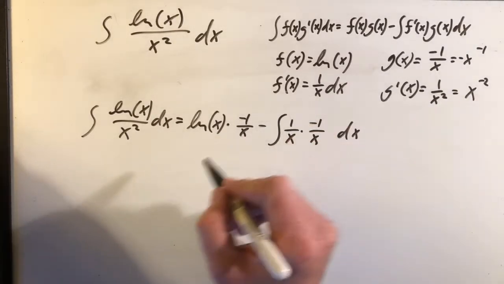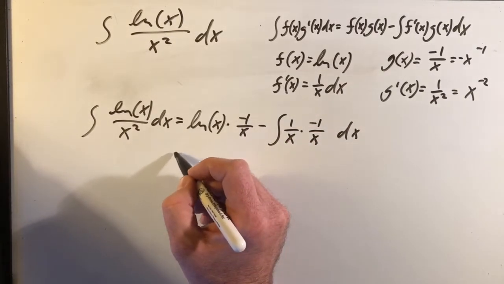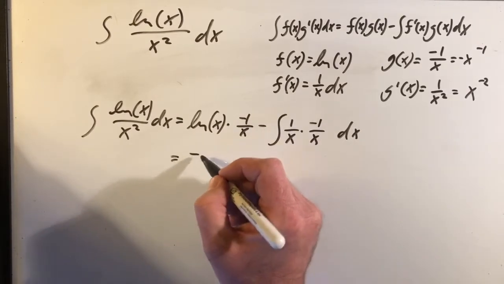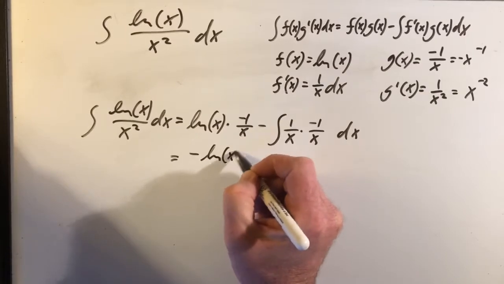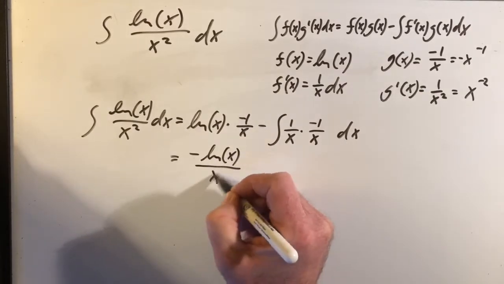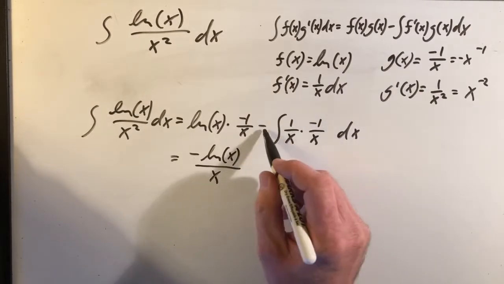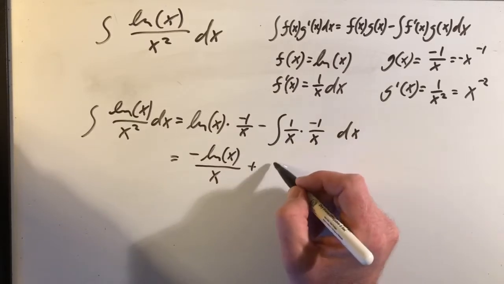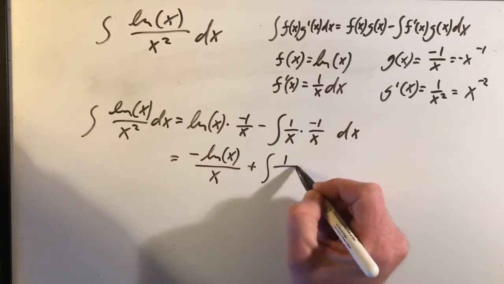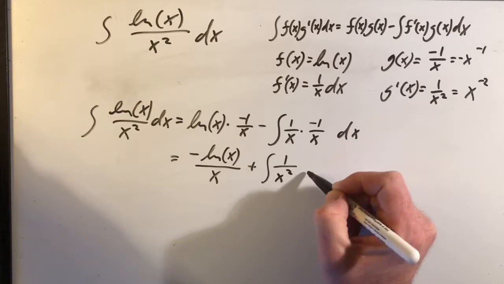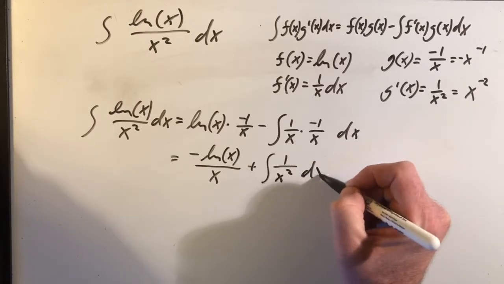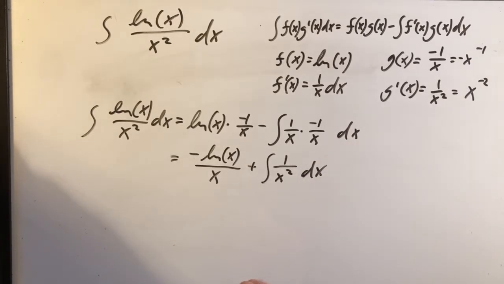Okay, so let me do a little bit of housekeeping first. This is just going to be negative ln x over x, and I got a minus and a minus, so plus the integral of 1 over x squared dx.